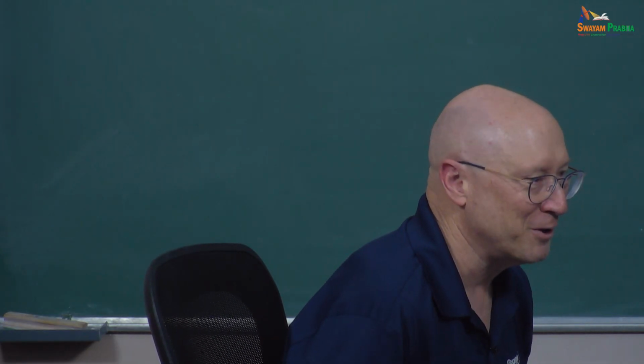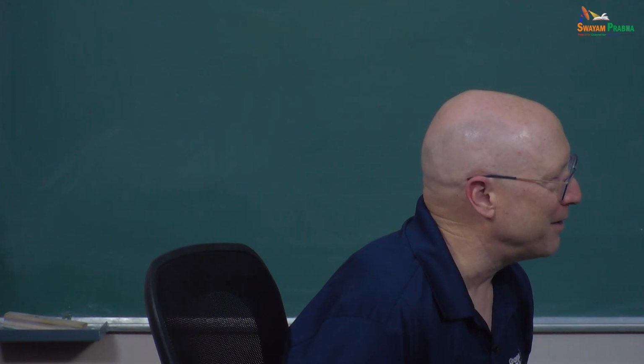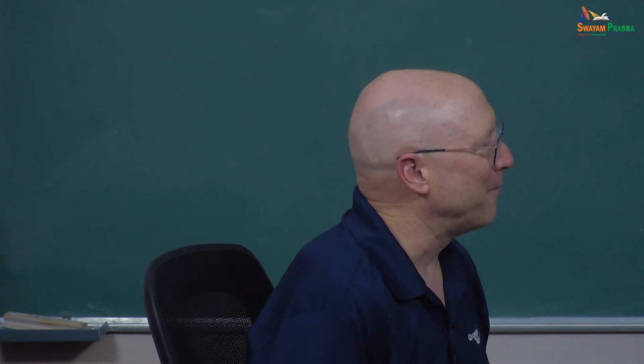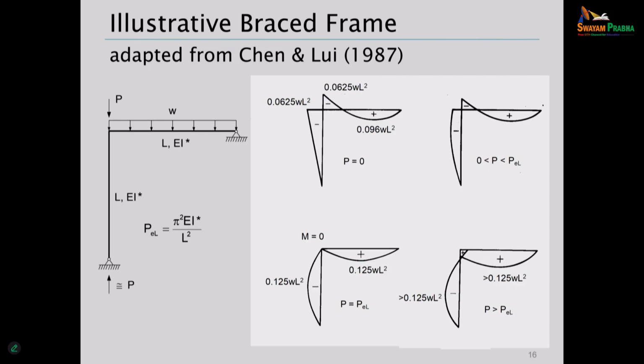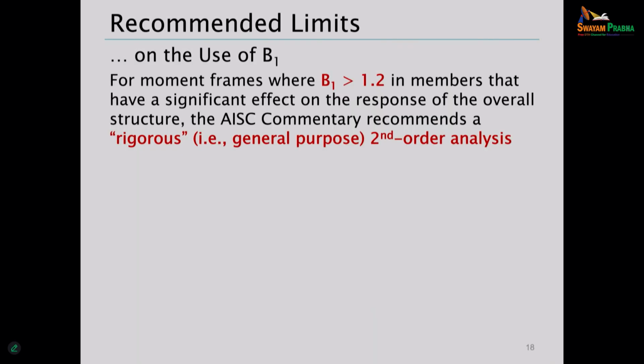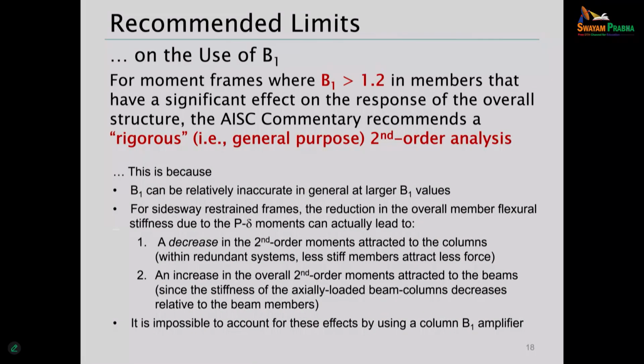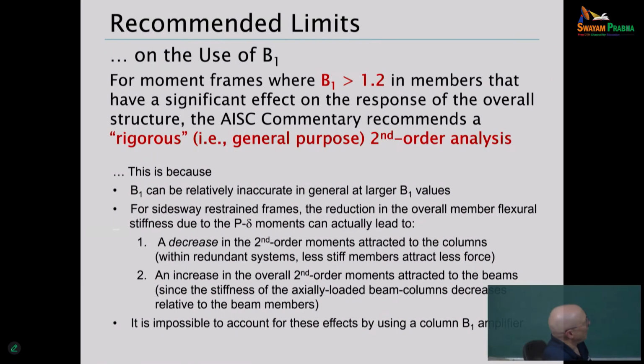That's a good question, though. And so that behavior where it's going from negative moment to zero to positive moment at the knee is related to the stability effects, but also related to the uniformly distributed load on the beam. Okay? Thank you. All right, and so there's a slide here that kind of explains all that.